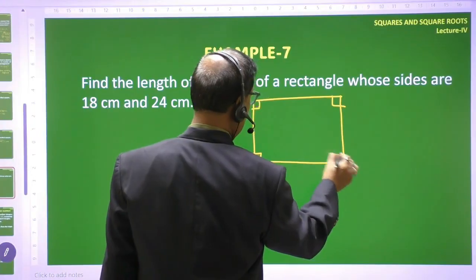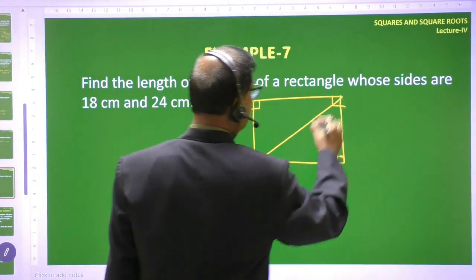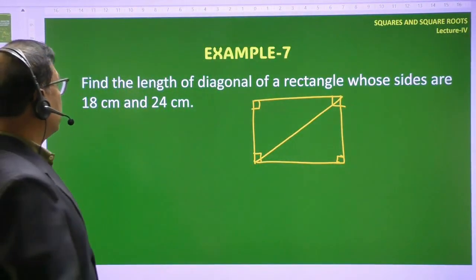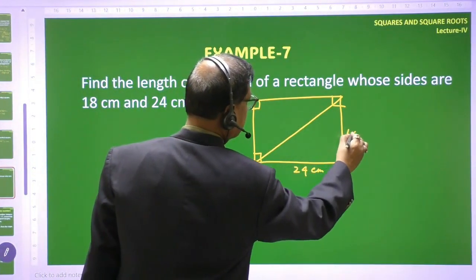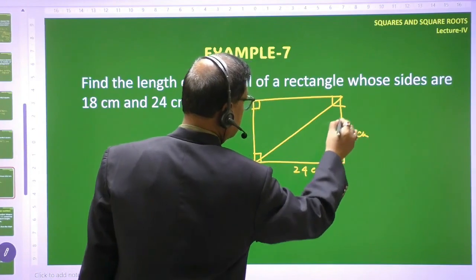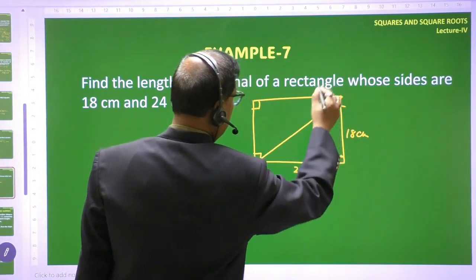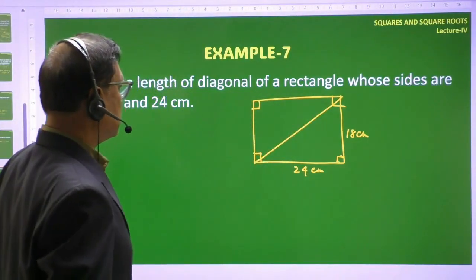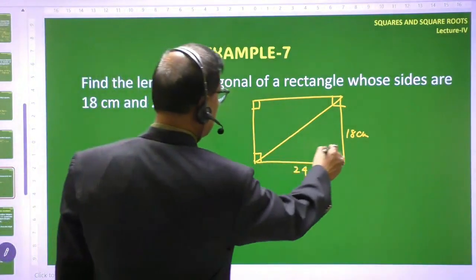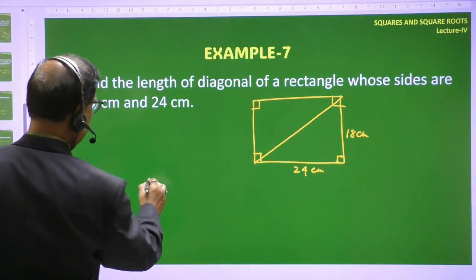Yes or no? So we have to find the length of the diagonal. We know the sides 24 cm and 18 cm. So since it is a right angle, applying the Pythagoras theorem, we can find the length of the diagonal. Yes or no?